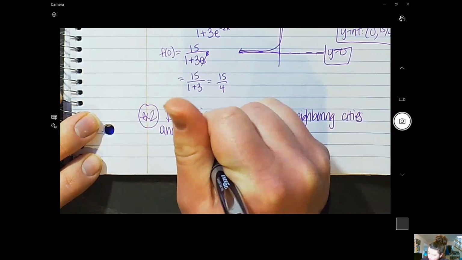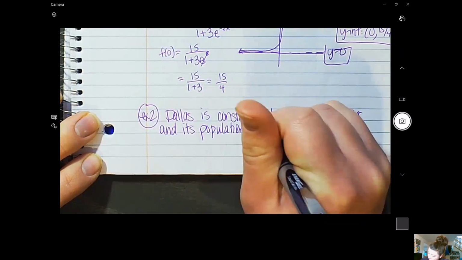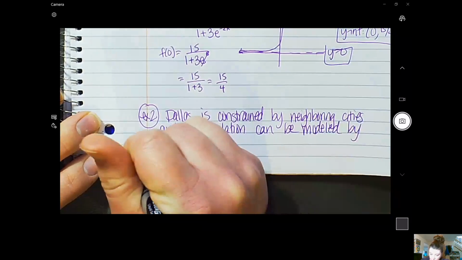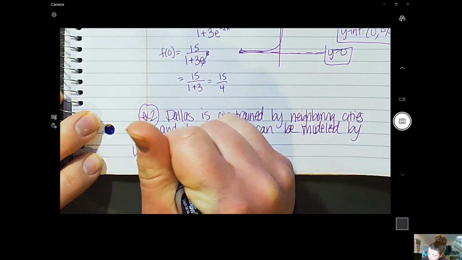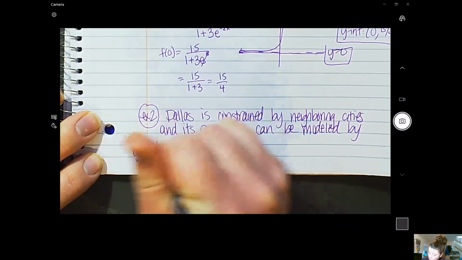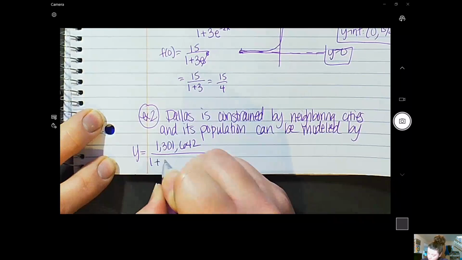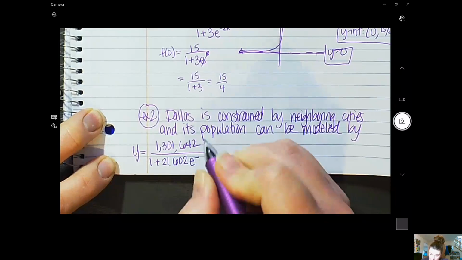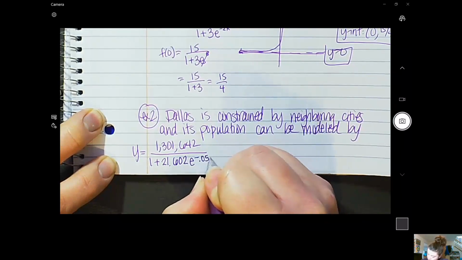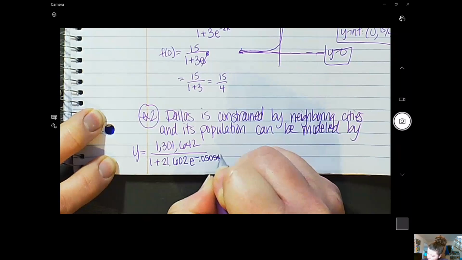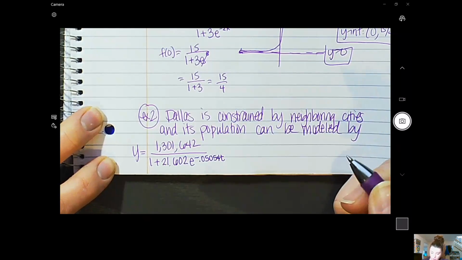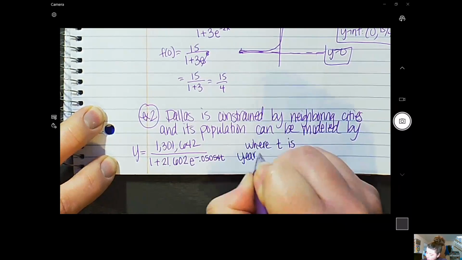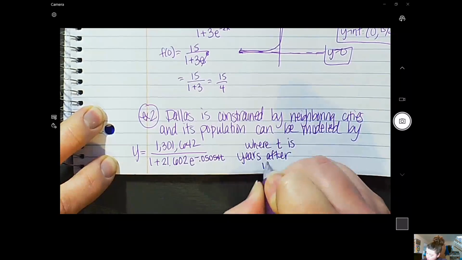and its population can be modeled by y equals 1,301,642 over 1 plus 21.602 e to the negative 0.05054 t power, where t is years after 1900.